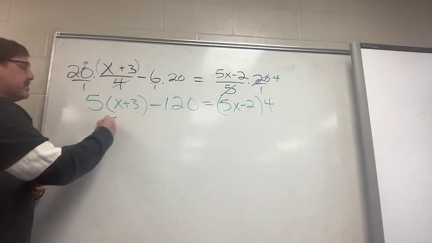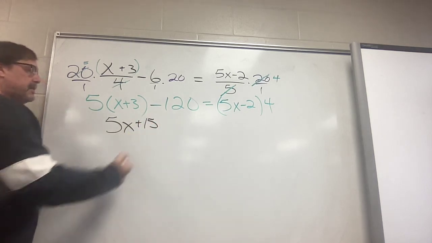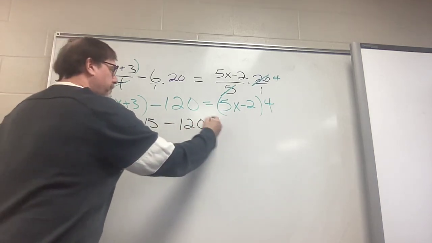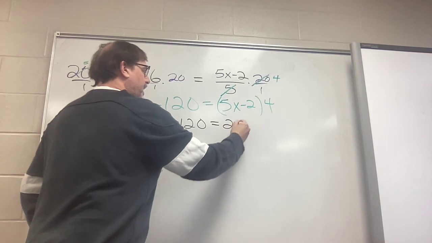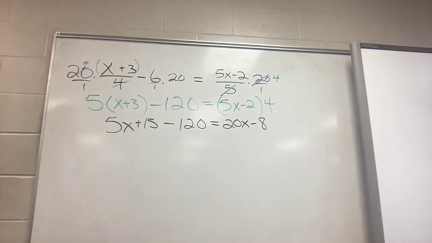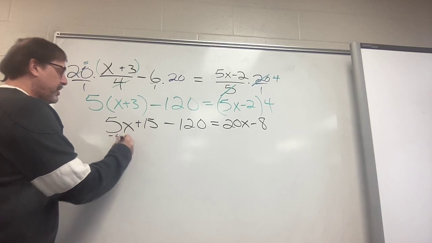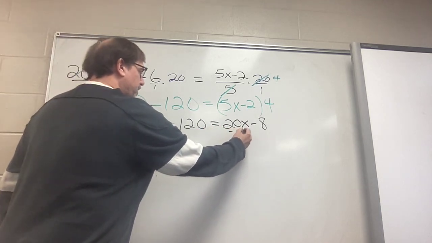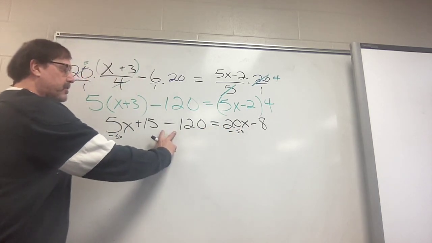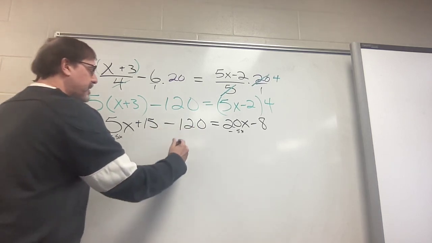5 times x. 5 times 3. 4 times 5, 20. 4 times 8. Just clean it up a little bit. I'm going to take away 5x on both sides. Because this is algebra 2, I can do this. I'm also going to combine these two at the same time. So I'm taking away 5x on both sides. I'm putting these two together.